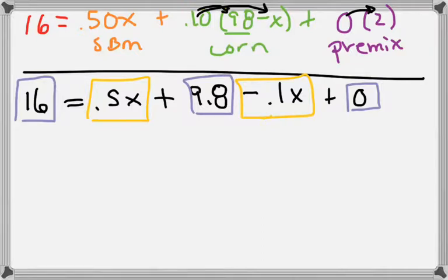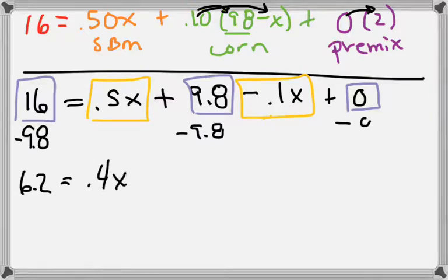So now we can combine our like terms. To combine like terms, we're going to subtract 9.8 and 0. Hopefully we can do that math in our head. The 9.8 from this side as well. That leaves us with 6.2 equals 0.4x. So if we combine all of our like terms, that's what we get.